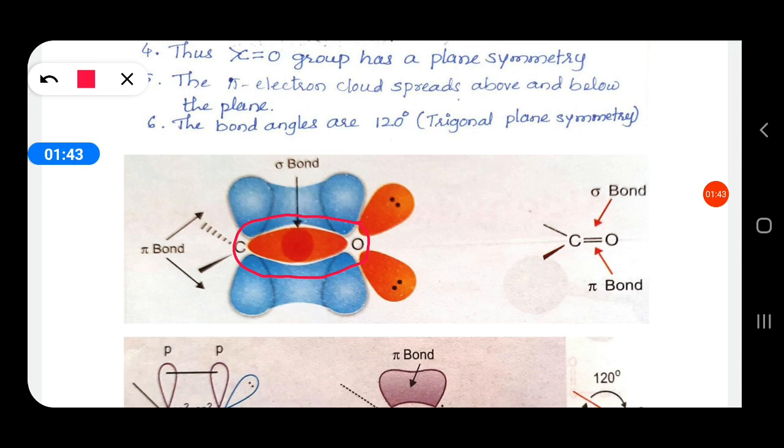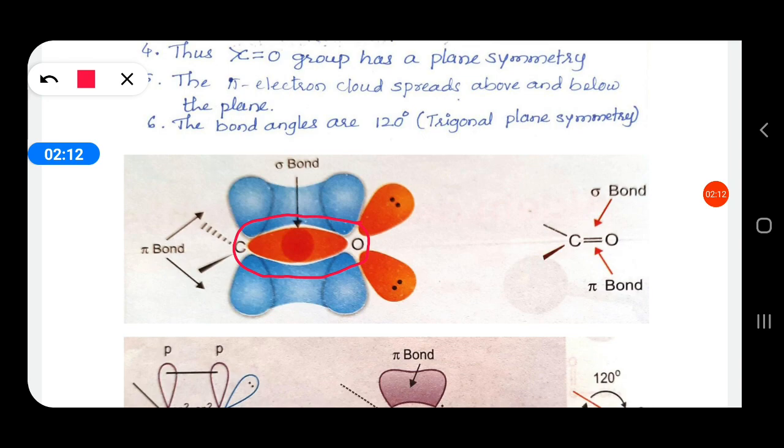The other two sp2 orbitals of carbon form sigma bonds with other groups, which may be hydrogen or an alkyl group carbon or aryl group carbon. The other two sp2 hybrid orbitals of oxygen bear lone pairs of electrons, and they do not take part in any bond formation.